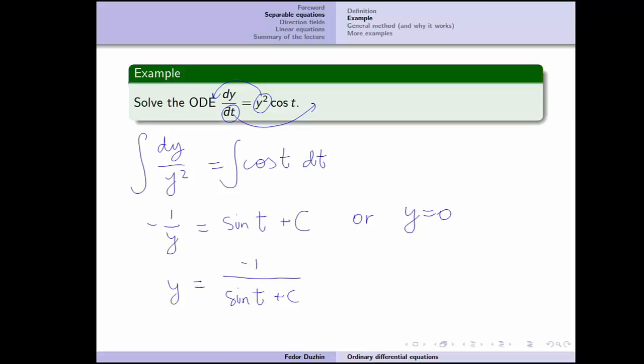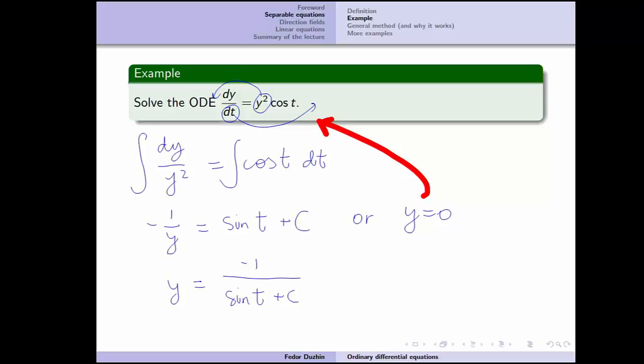So how do we do this? If y is 0, then the question is whether or not 0 is a solution of the original differential equation. So when we assume that y is 0, we should try it as a solution. We substitute it into the original ODE and see if we get the right equality.